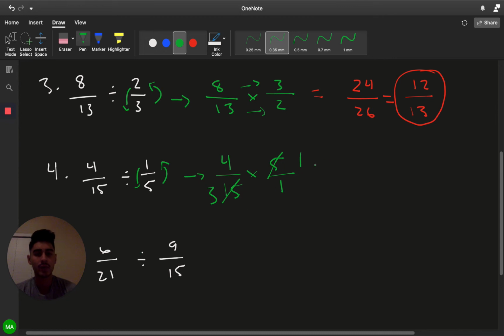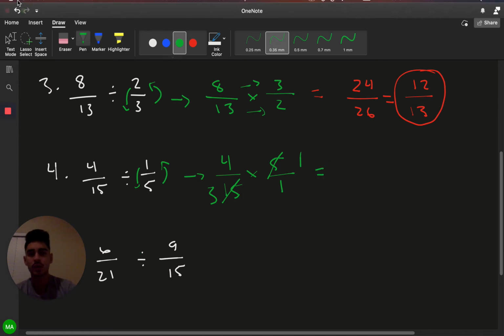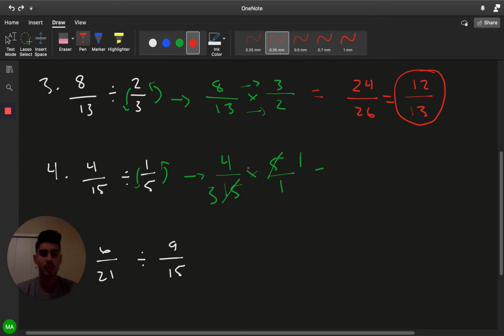And then from there, you can multiply straight across. We go straight across on this. 4 times 1 is 4. 3 times 1 is 3. And that would be our answer for that one.